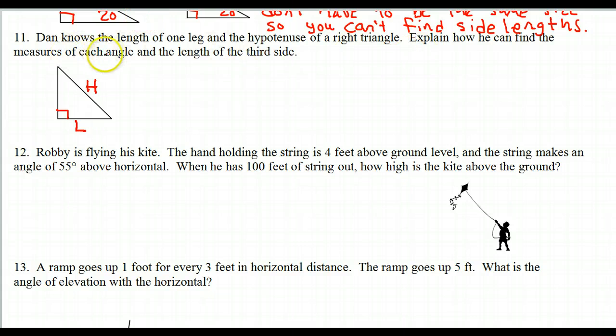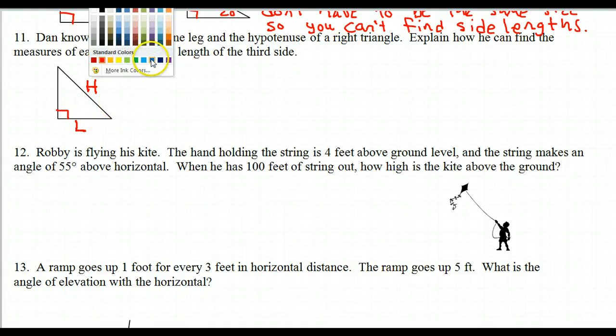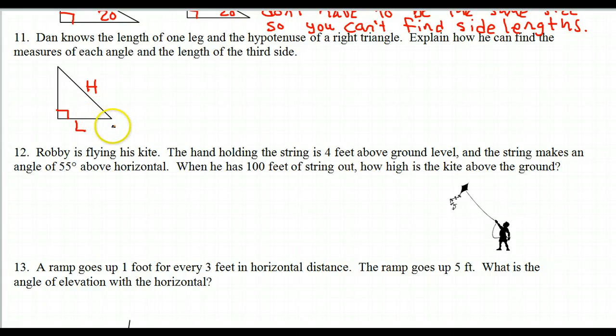How can he find the measure of each angle? So, for example, the first angle, we'll call it A. Here's how he would find the first angle. From this angle, L is the adjacent leg and H is the hypotenuse.